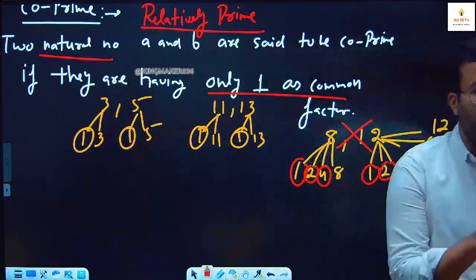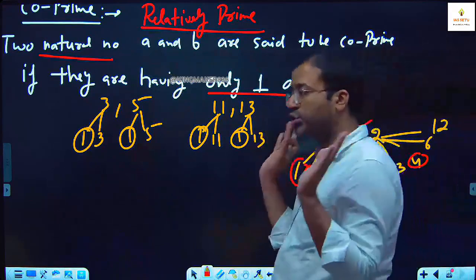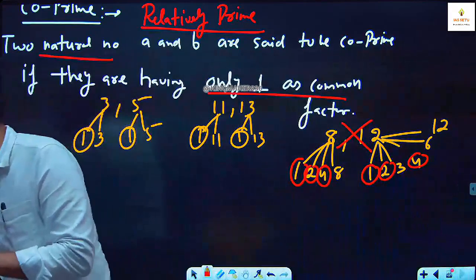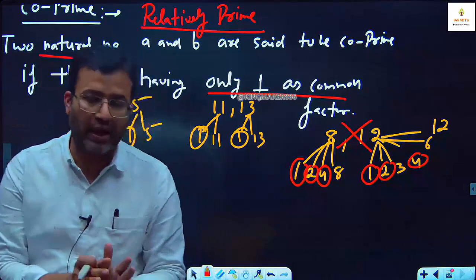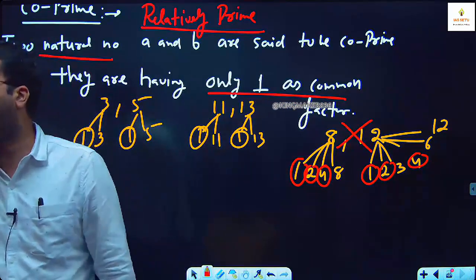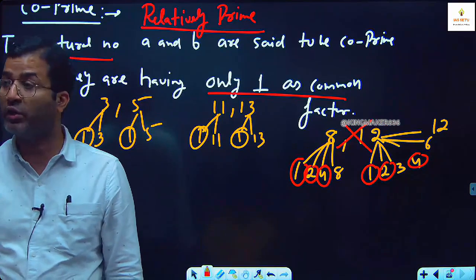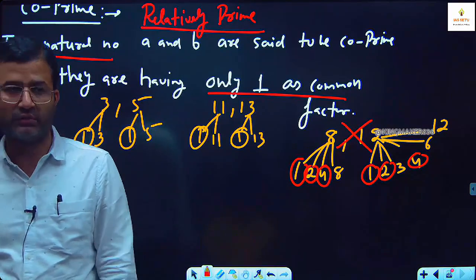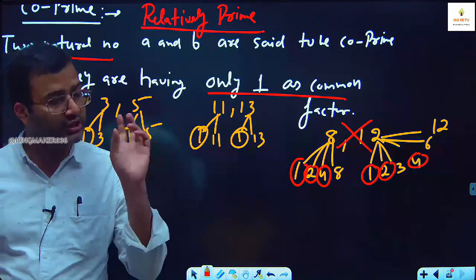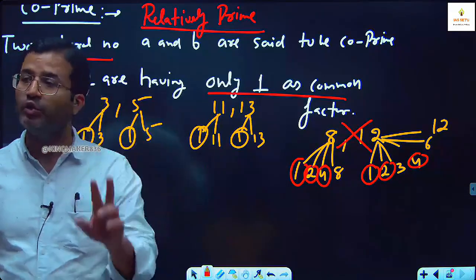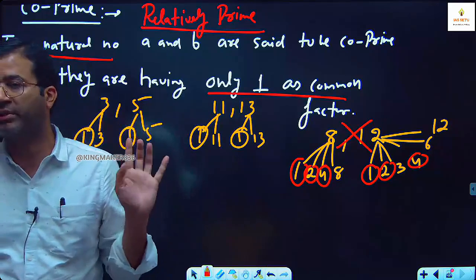I repeat, definition is two natural numbers A and B are said to be co-prime if they are having only one. मेरा stress रहेगा only पे. Don't say one. Only one as a common factor. So there are only two conditions. It should be natural number. पहली, दूसरी उनके बीच में only one as a common factor तो co-prime.